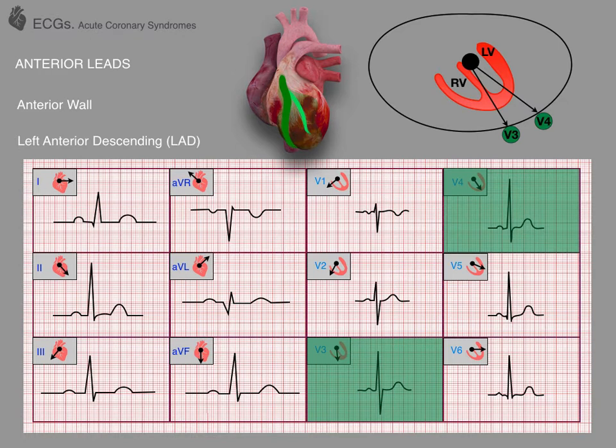Leads that are particularly good at looking at the anterior wall of the heart are your chest leads V3 and V4, and this area of the heart muscle is supplied by the left anterior descending artery. So ST elevation in V3 and V4, you're starting to think, is this a complete occlusion of the LAD?